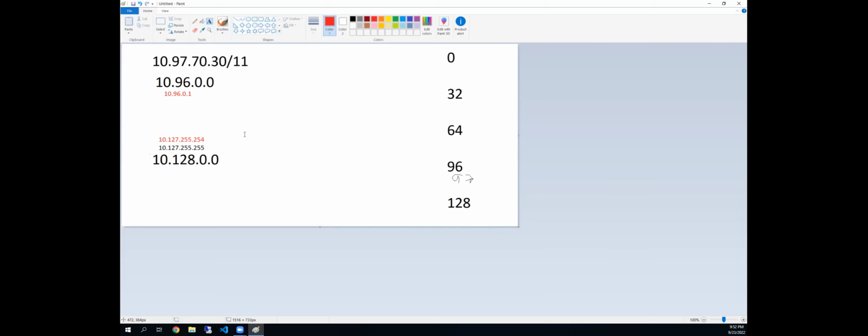We have another question in the audience. Why is it 10.96.0.1? Very good question. All right. This plus one is this one. If I want to see the second usable IP, then I do this plus 2.